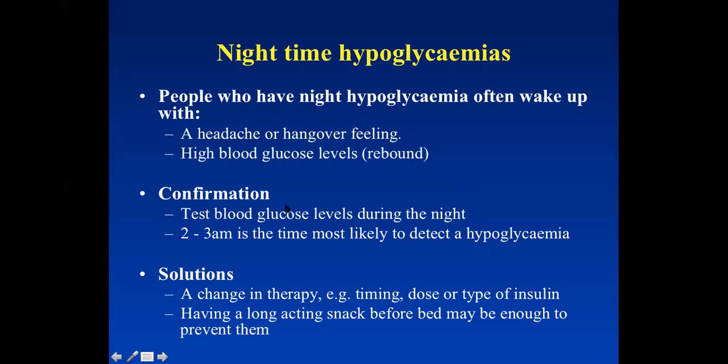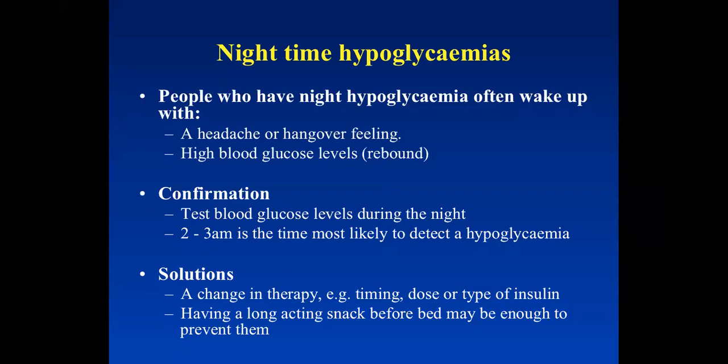So usually it's sort of early hours in the morning, 2 to 3 a.m. roughly, which is when, if you test them, you are most likely to detect hypoglycemia. Okay, this you can resolve by changing the timing of your insulin or oral doses.